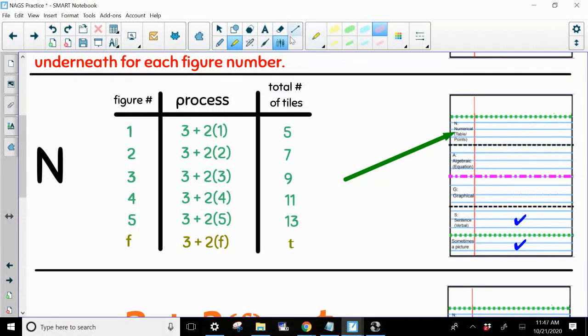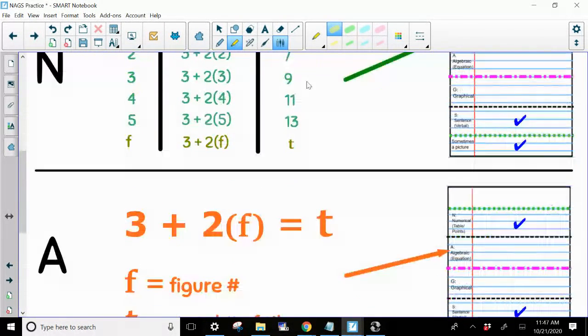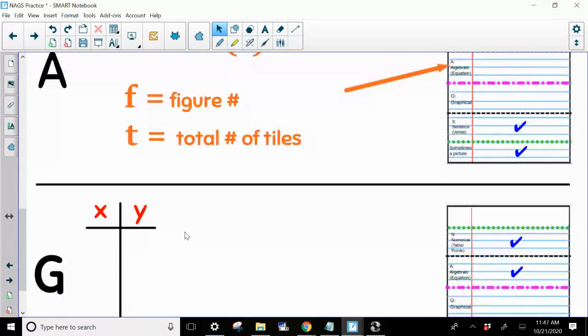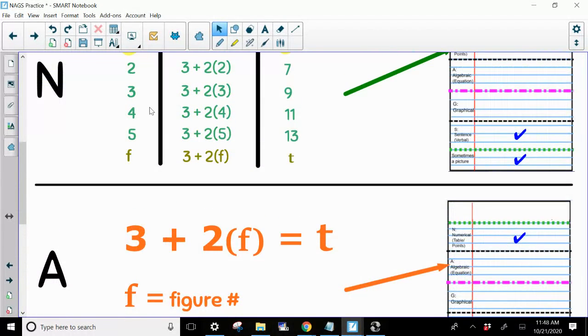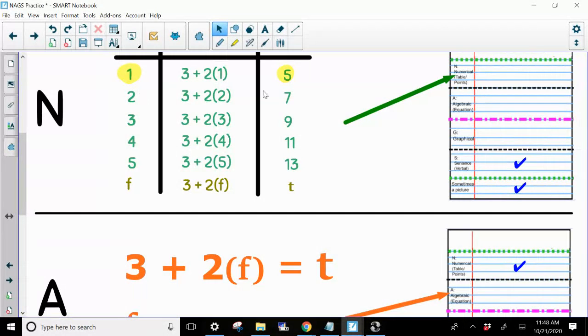So our figure is going to be our input, which is also our x. Our first ordered pair is going to be 1 and 5, because our total number of tiles will be our output after we do the process, which is your y's. So our first set of ordered pairs is going to be 1 and 5. Then it's going to be 2 and 7.